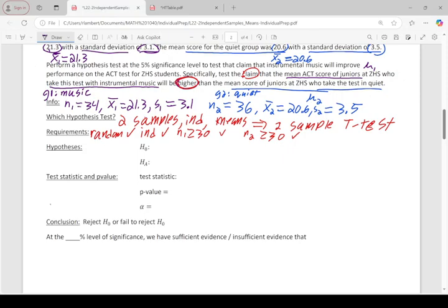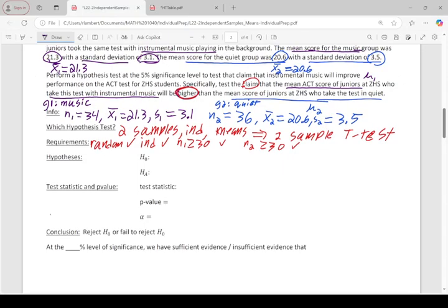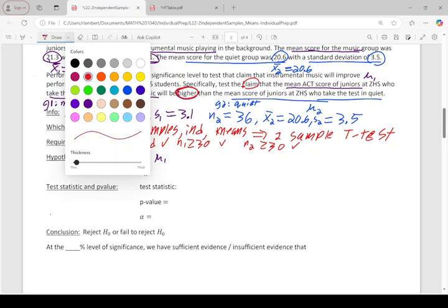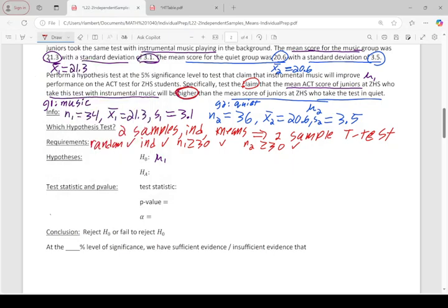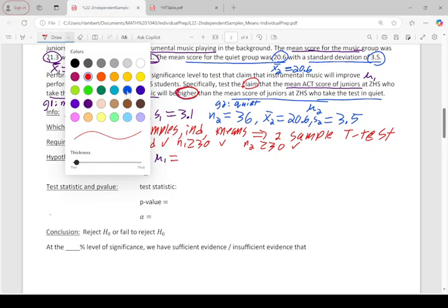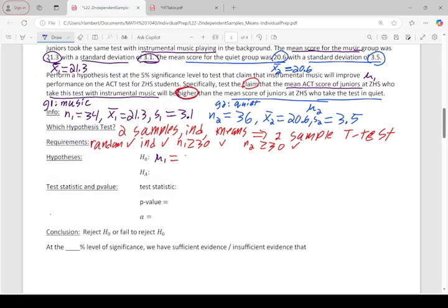And so mathematically, what we're going to say is that the mu1 and the mu2 would be the same, which is a mathematical way of saying the music treatment doesn't do anything to the mean score.